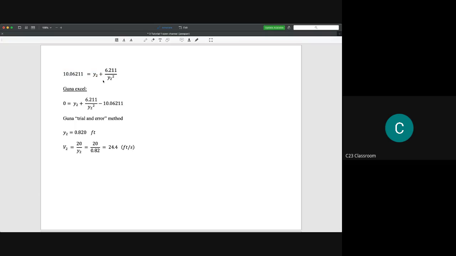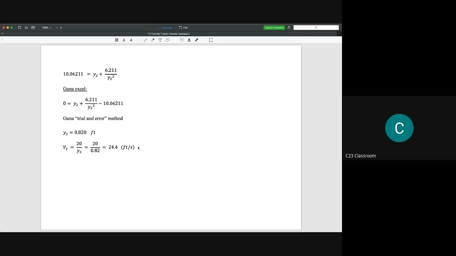Unfortunately, it is not just a simple equation, so we need to use trial and error to get the value of y2 here. According to the trial and error method, we get that y2 is equal to 0.820 feet, and this depth gives the value of velocity at point number 2 equal to 24.4 feet per second.